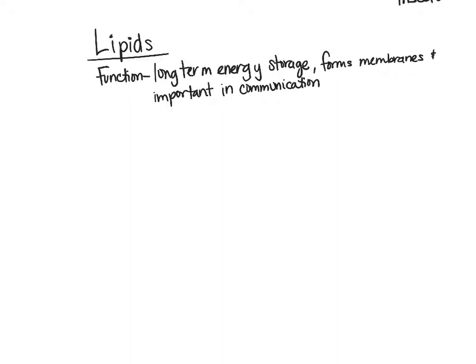Just like our carbohydrates have a monomer, our lipids have monomers. Our monomers for lipids are called fatty acids or a sterol ring, and that depends on the polymer. We'll talk about that in a moment.